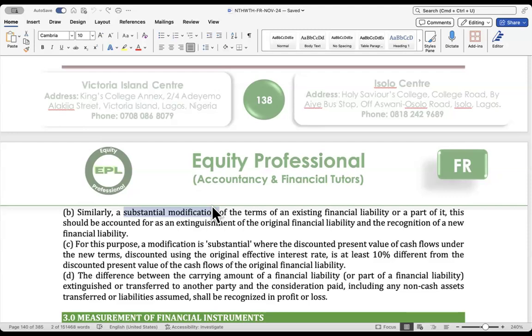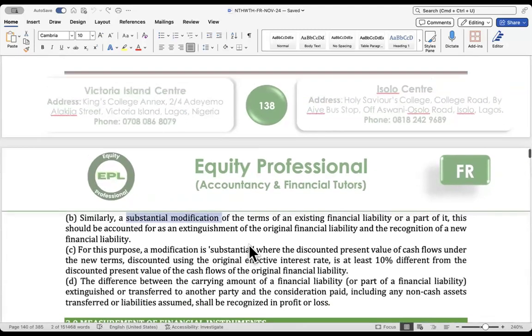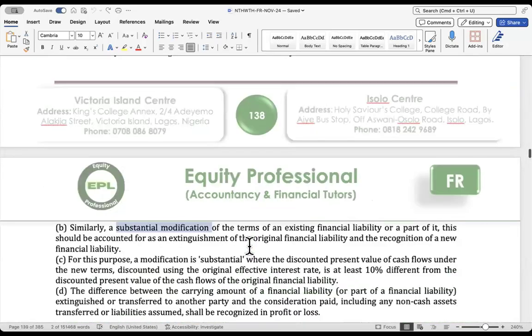Substantial modification is when the difference in the cash flow under the old terms and under the new terms is at least 10%. So you don't have to really bother so much about those details. So that's the derecognition of financial liability.